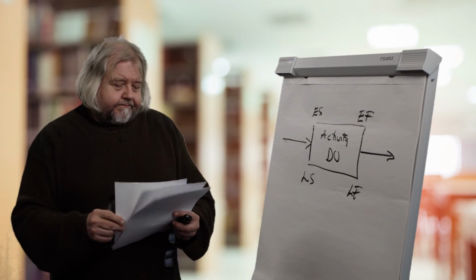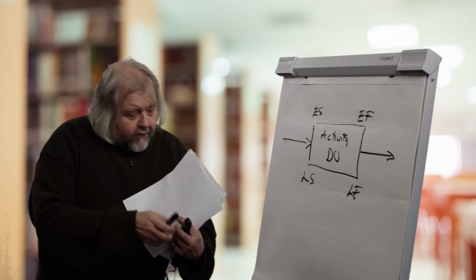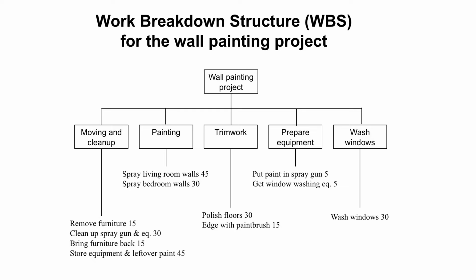Okay, now in this following picture here, we have a work breakdown structure of a house painting or wall painting project. So in this picture, we can see that we are going to paint the living room and bedroom walls.